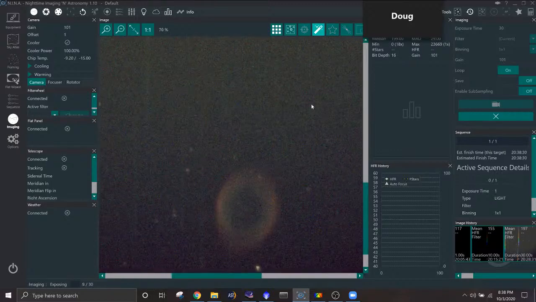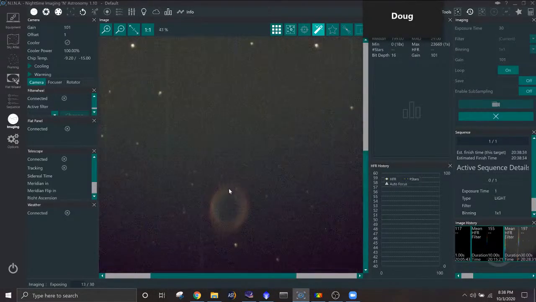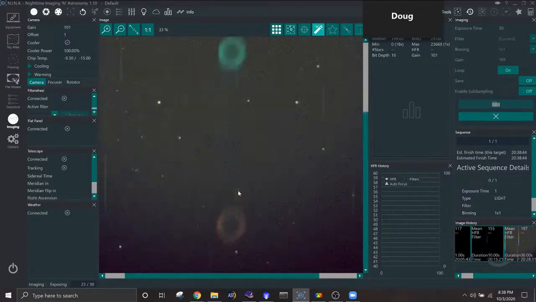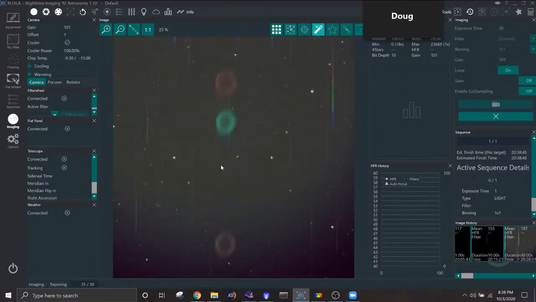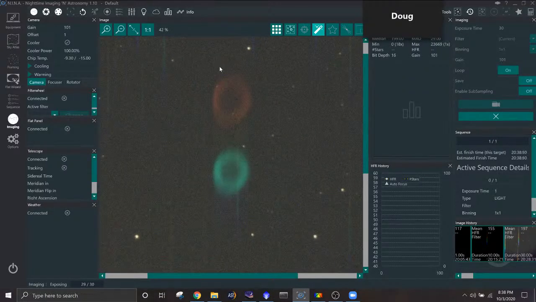So let's start here. This is just the nebula itself, and it doesn't look that great, but you can see it looks like a ring, and you can generally see that on the outside it's more red, on the inside it's more green and blue. And this is the spectrum over here. What you can see is basically two shadow images of the nebula, one that's red over here, and one that's green over here.